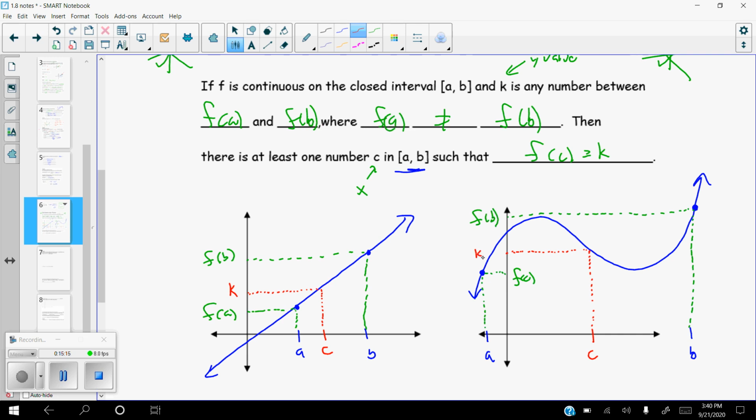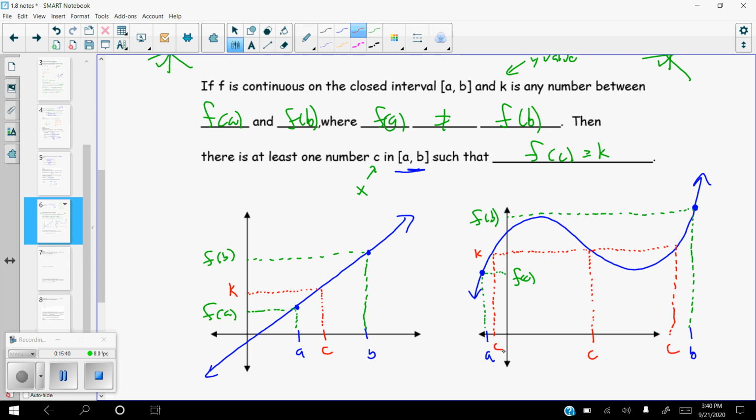But the interesting thing about this is there's more than one C that this holds true for. C could also have been here, because as you can see, that exact same Y value is in different places. Well, C could also exist over here. So I have a whole bunch of different places that I could put C.